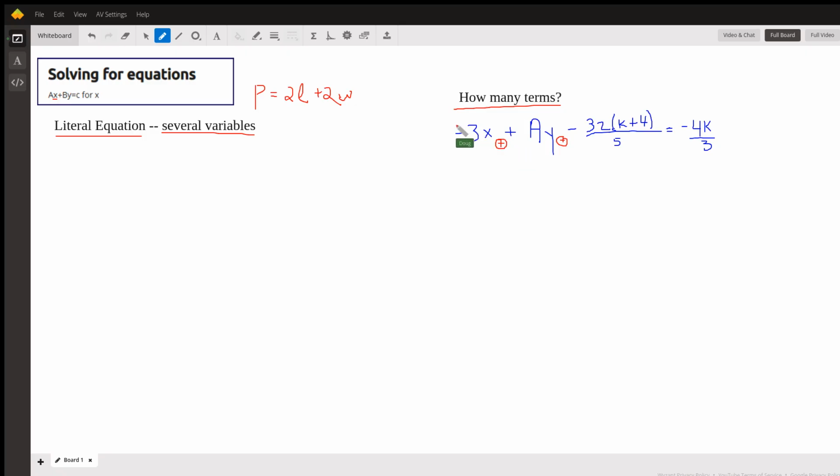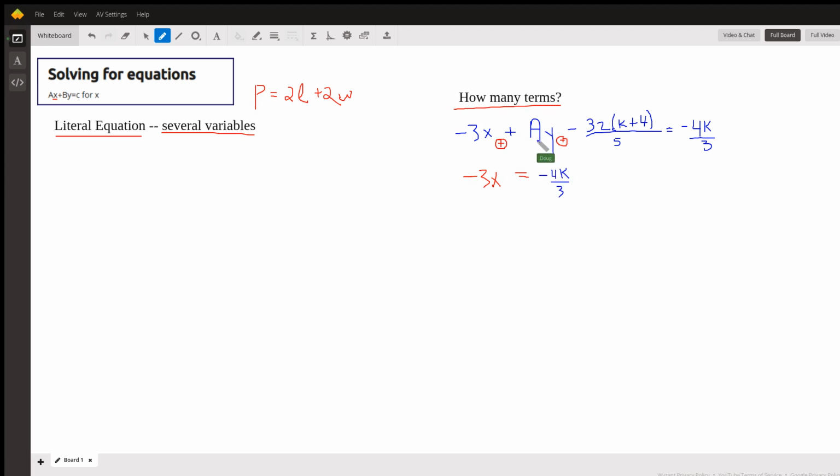So if you wanted to isolate this negative 3x, we'd leave it on this side of the equal sign, and let's say we want to get the ay term to the other side of the equal sign. What you do is transpose that term, or so I've heard recently, the idea of dragging a term from one side of the equal sign to the other. Here's the negative 4k over 3 that was already on the right side of the equal sign.